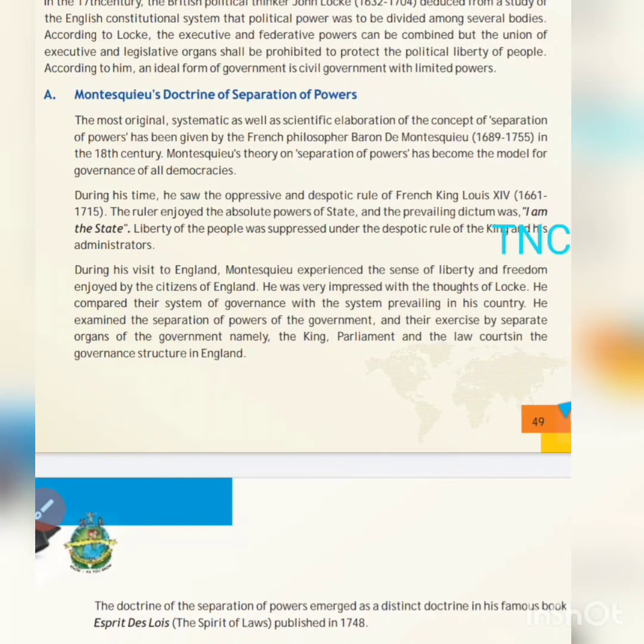The ruler enjoyed absolute powers, and the prevailing dictum was, "I am the state." The liberty of the people was suppressed under the despotic rule of the king and his administrators. So what happened under King Louis XIV? He enjoyed absolute powers and said, I am the state, I am the owner of the state.